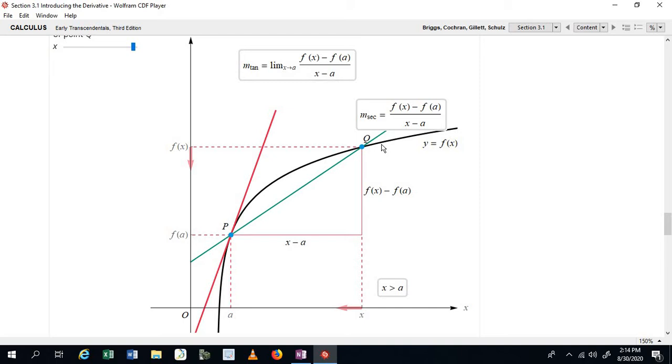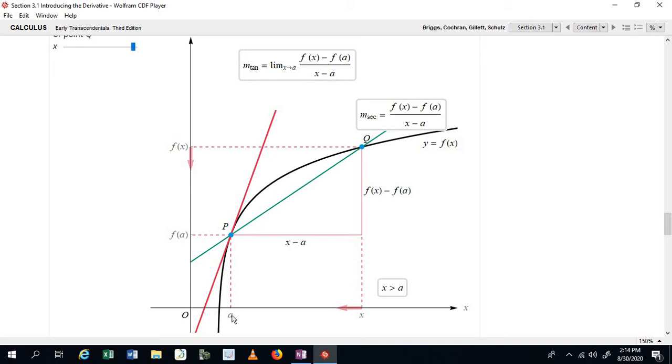Okay, and so we're going to find the slope of that line, and whatever the slope of that line is is actually the average rate of change in the function between these 2 points. Okay, well, how do we find the slope of a line? Well, the slope of a line is simply the rise over the run.